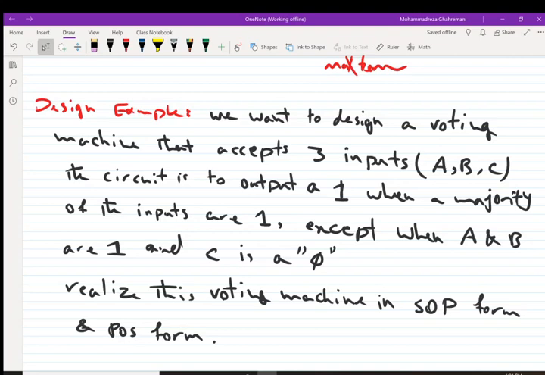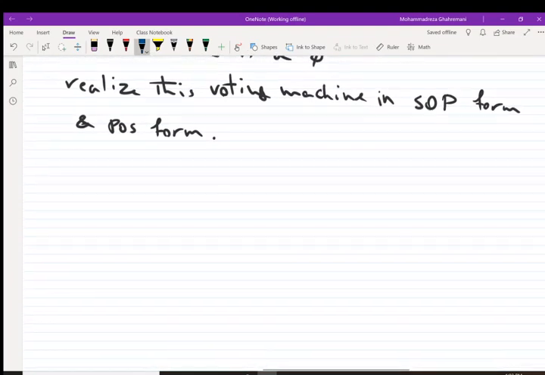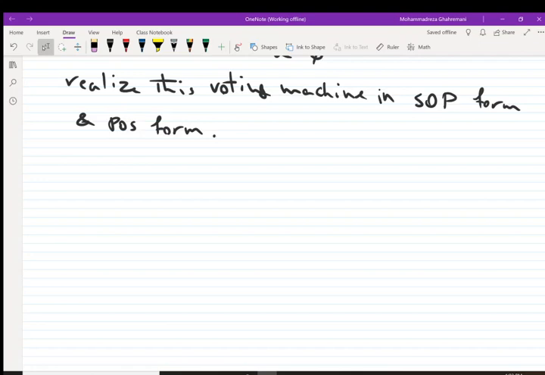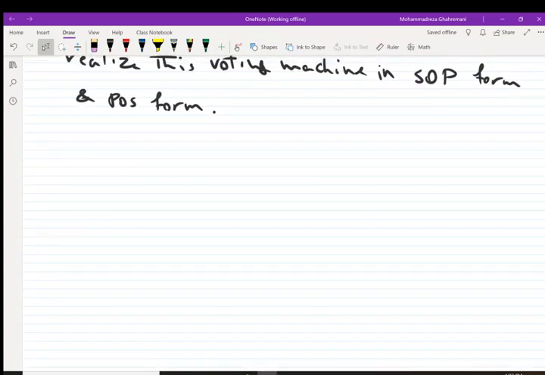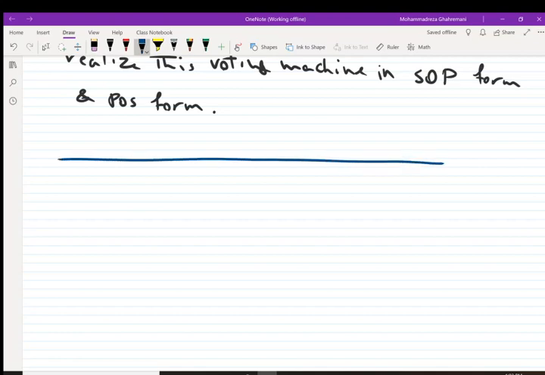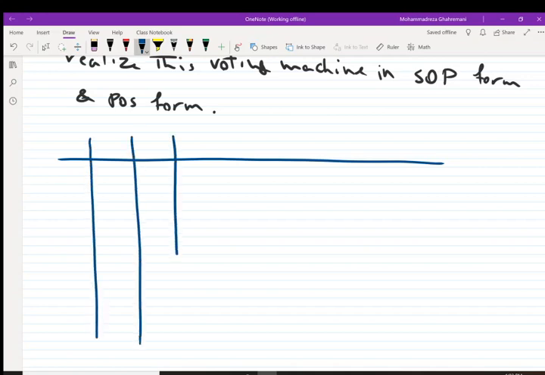The first thing we should do when we are going to design a circuit is finding the truth table of that circuit. So now it's time to write the truth table of this function. We have three inputs and an output: input A, input B, input C. How many different combinations do we have for three inputs?